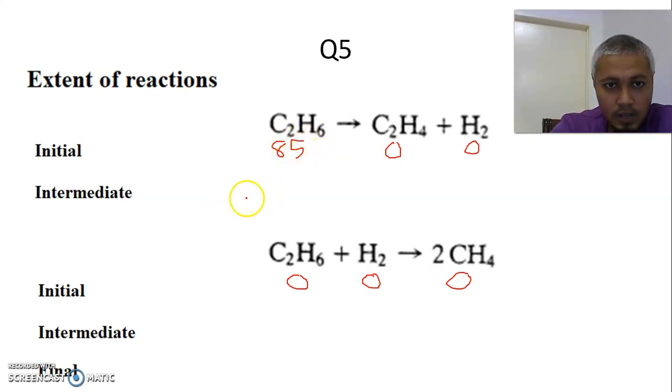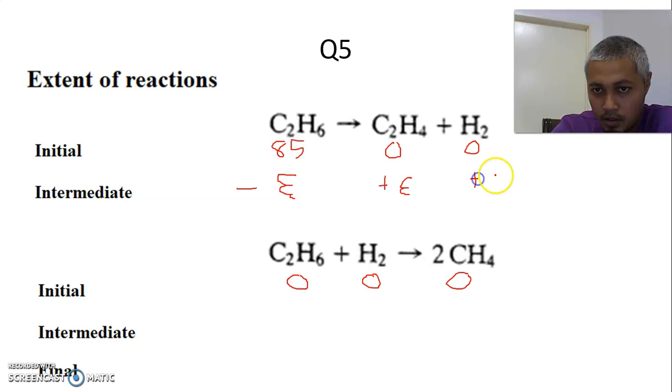Then the intermediate is the extent of reaction, where in this case we have minus epsilon, then plus epsilon here, and plus epsilon here. Since this is the first reaction, we add 1 here: epsilon 1, epsilon 1.